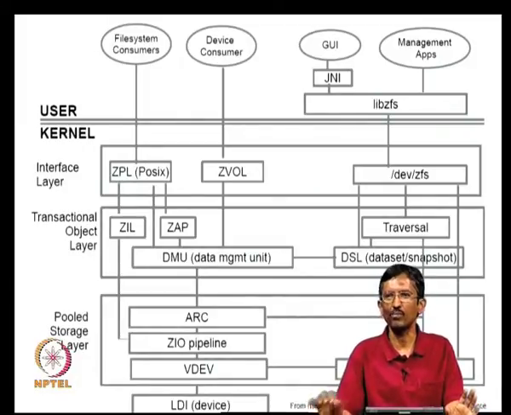So, somebody has to map what this is talking about to which parts of the disk we are talking about. That is what is done here. Okay. And once that is done, then you can do the actual I/O operation. This is basically the actual device delivery.